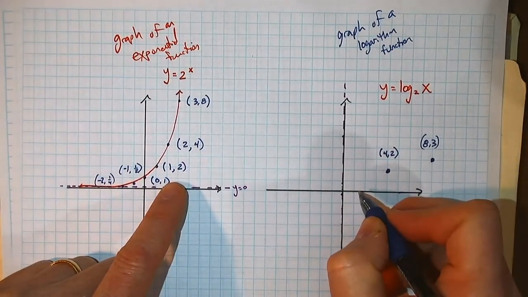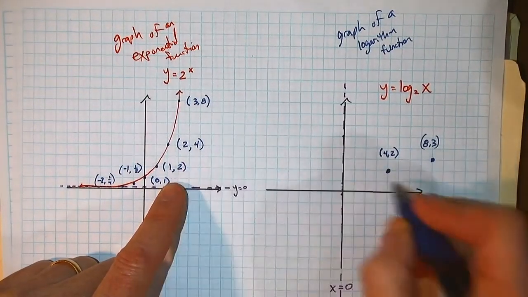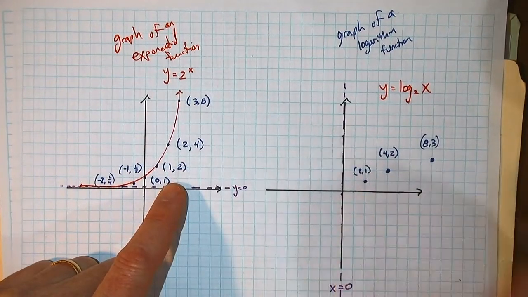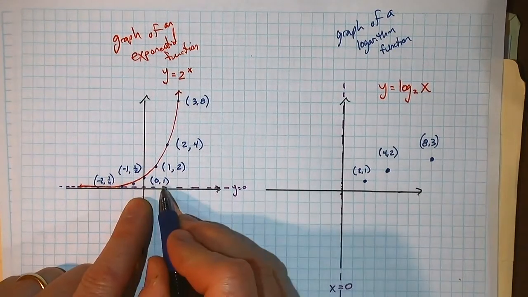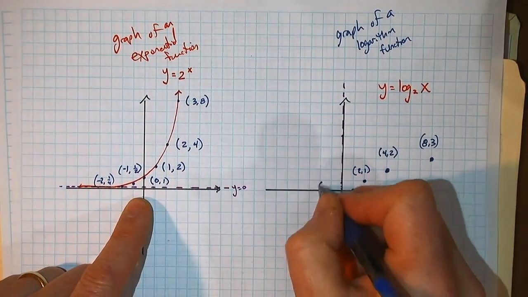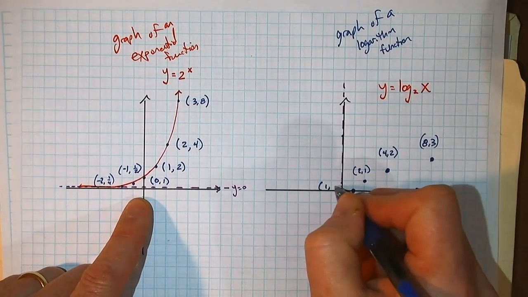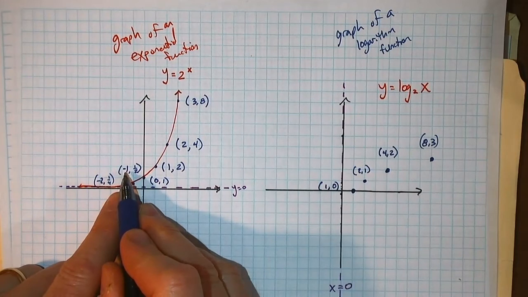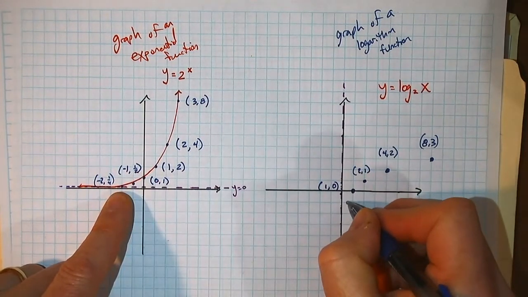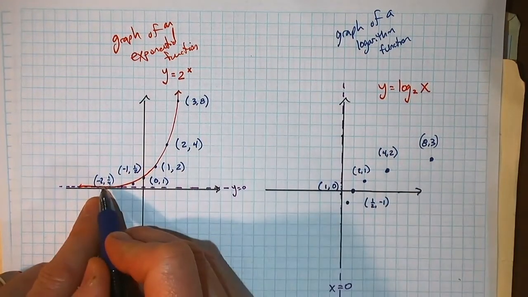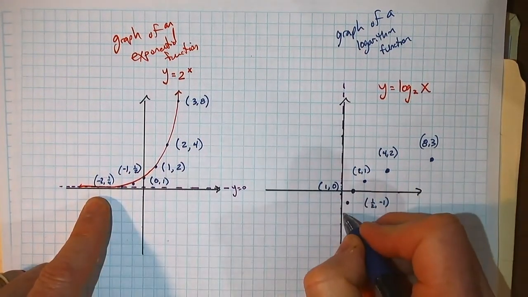So here I'm going to go over 2 and up 1, because I'm going to switch my x and my y. Here I'm going to go over 1 and up 0, because I'm going to switch my x and my y. Now I'm going over a half and down 1. And now I'm going over a quarter and down 2.